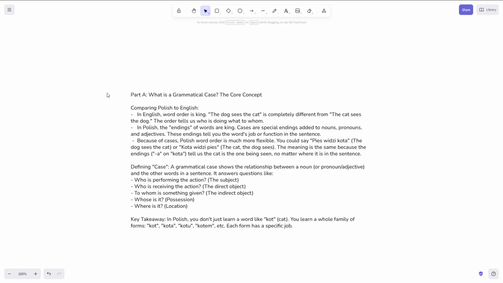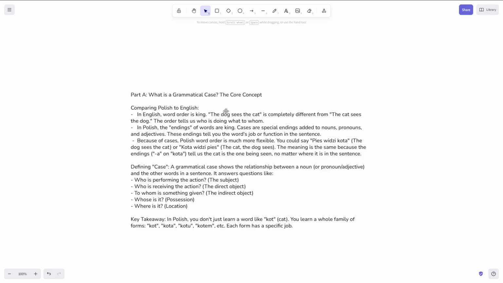So when we compare Polish to English, in English, the word order is king. What does that mean? When we have a sentence like, the dog sees the cat, that sentence is completely different from the cat sees the dog. So basically, the order of these words, or nouns especially, tells us who is doing the action to whom or to what, right?